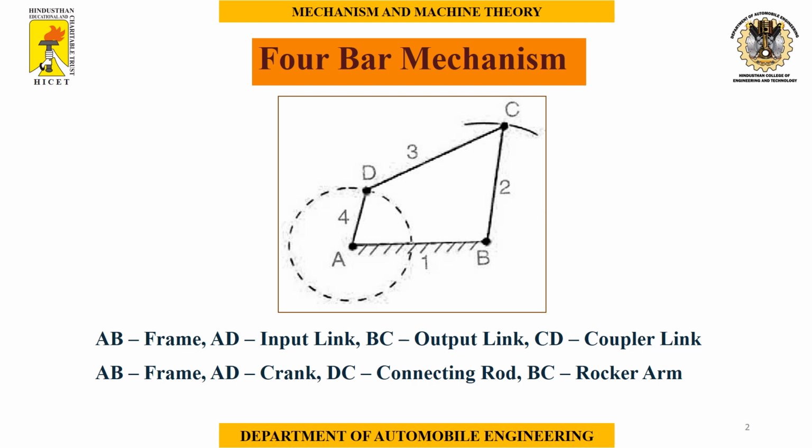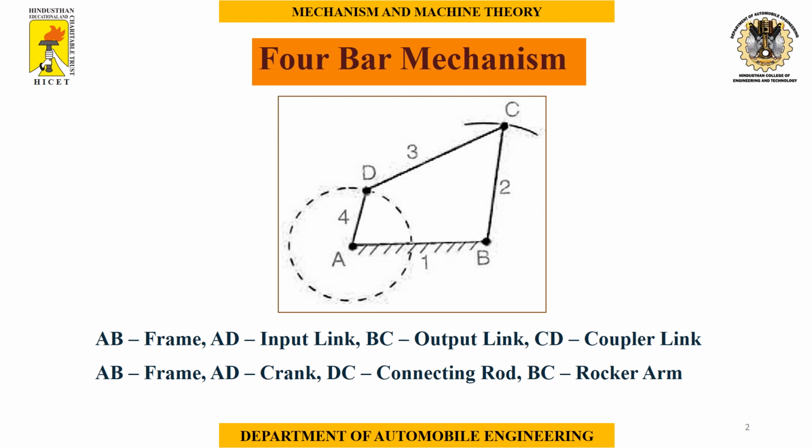Link CD acts as connecting rod which transmits the rotational movement of AD to the output link BC. BC acts as output link which oscillates along the arc placed in the diagram.